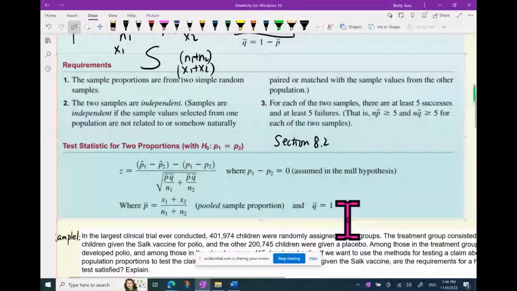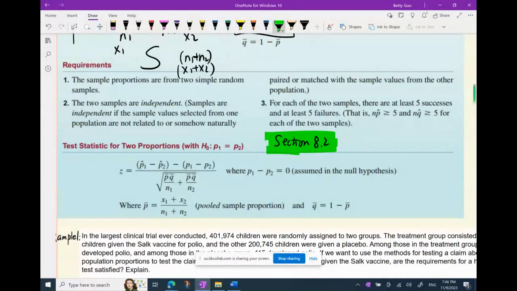So that's notation. And the procedure we are going to apply to test the claim about two population proportions has 3 requirements. When you read the 3 requirements, I want you to remember the 3 requirements we had in section 8.2.